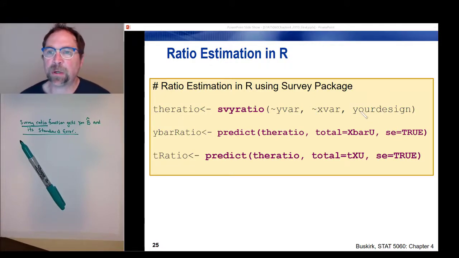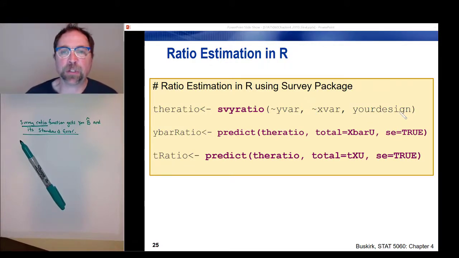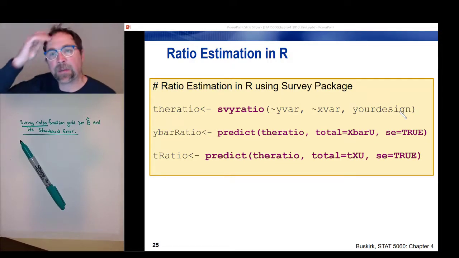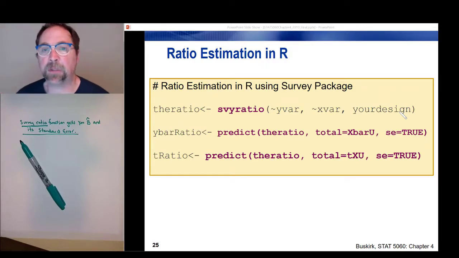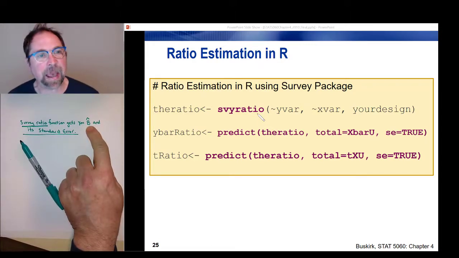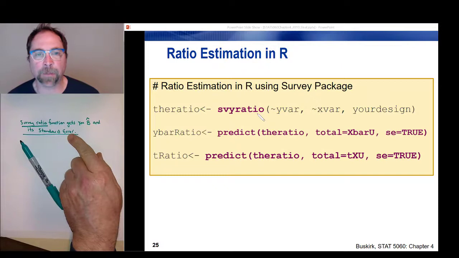You'll also specify your design, which we've talked about in chapters 2 and 3. For these examples, we're really going to use a simple random sample without replacement, but generally speaking, you can do these ratio estimates for stratified designs, for cluster designs, etc. So you'll need to make sure that you have a design object specified before you run the svyratio function. Now the svyratio function, as I mentioned, is going to get you an estimate of b hat and its standard error.